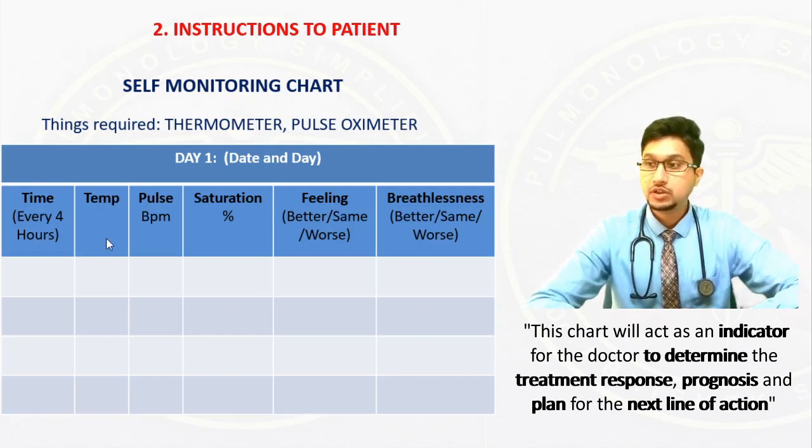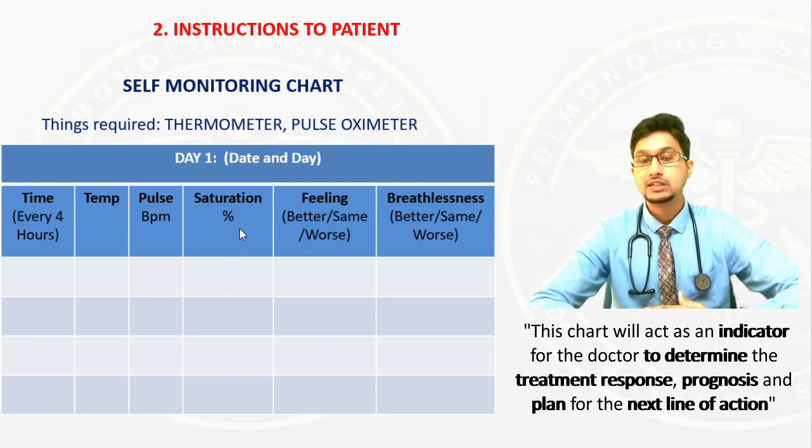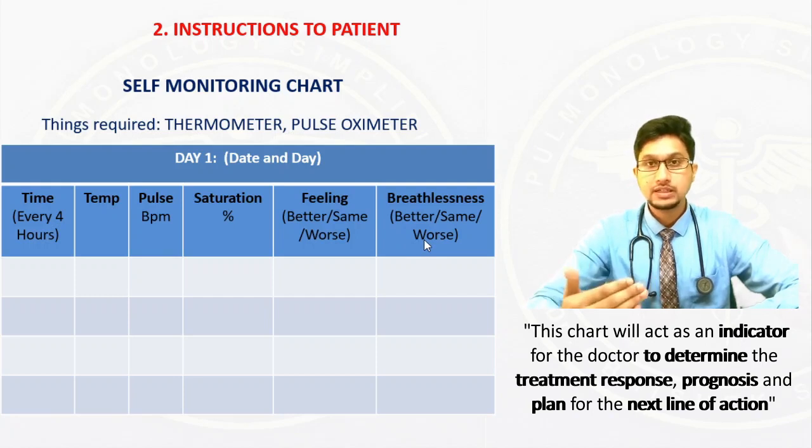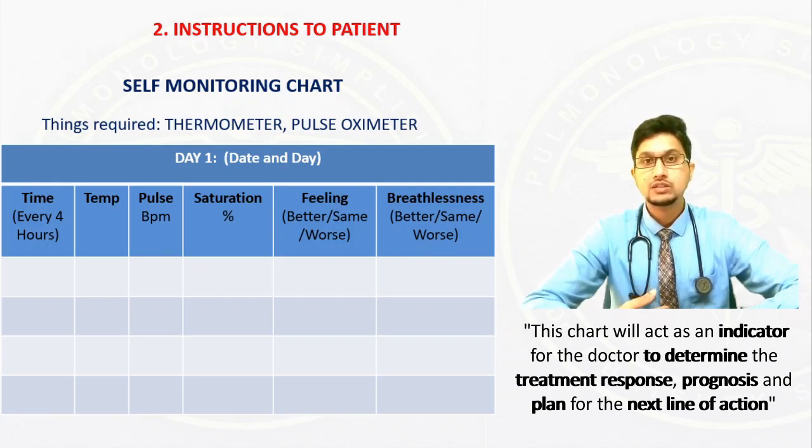The other thing that you are going to document or monitor is temperature, pulse, saturation, and how the patient feels. Does he feel better, the same, or worse? And also if the patient has breathlessness, is it better, is it same, or is it getting worse? This will be charted once in 4 hours by the patient himself.